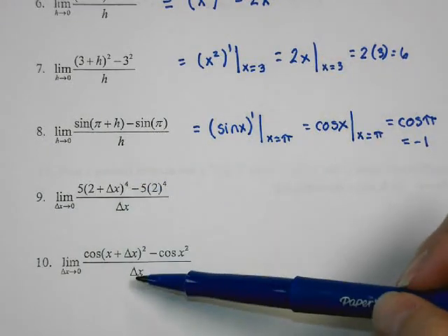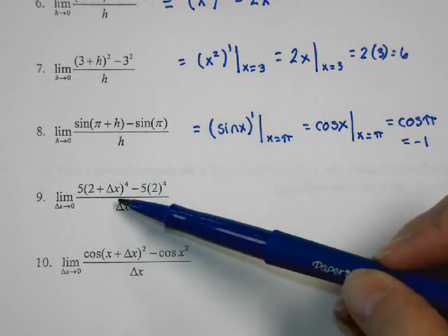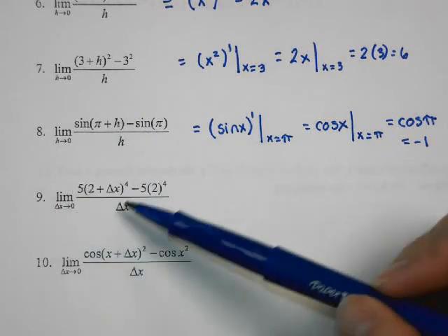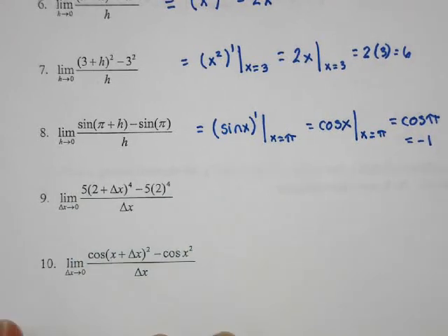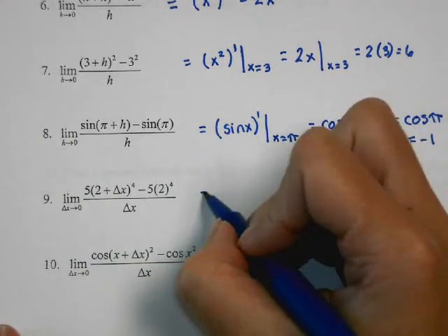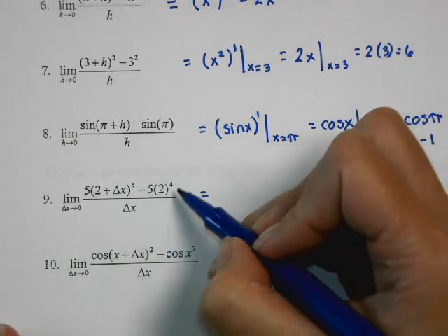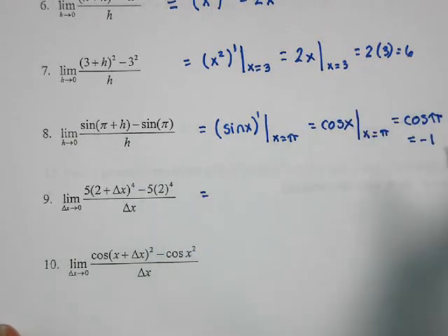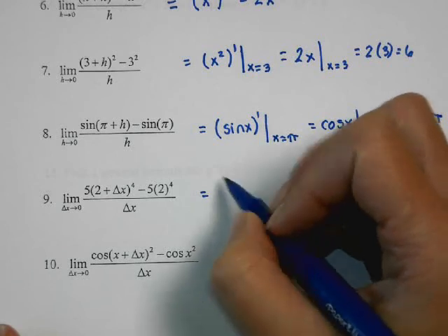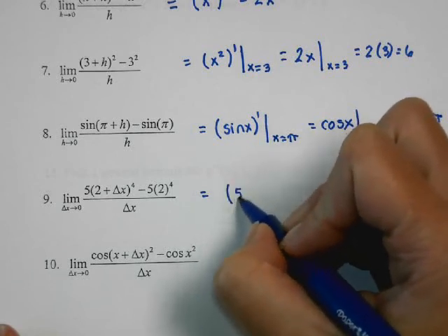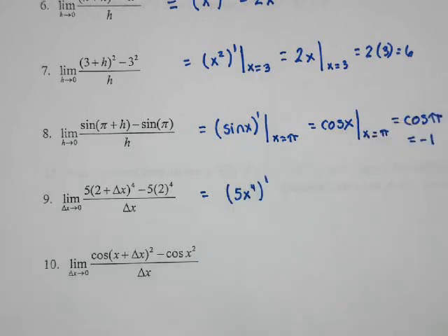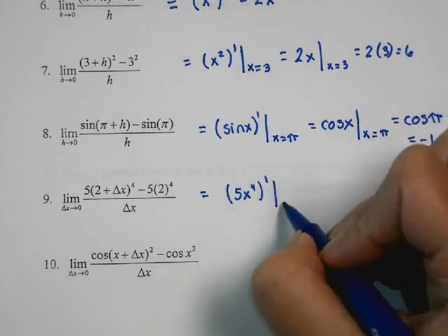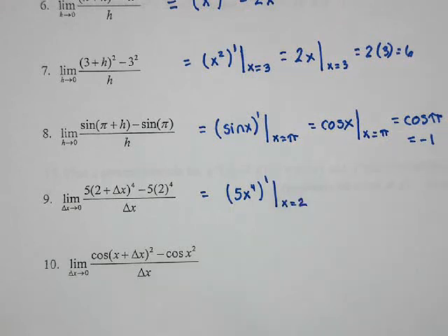Okay, these two here replace the h with a change in x, but it's the same thing. So here we're looking at the function, and I kind of always look at this last one because it's a little bit easier to detect, but this is going to be 5x to the 4th. We're taking the derivative and we're evaluating it at 2.